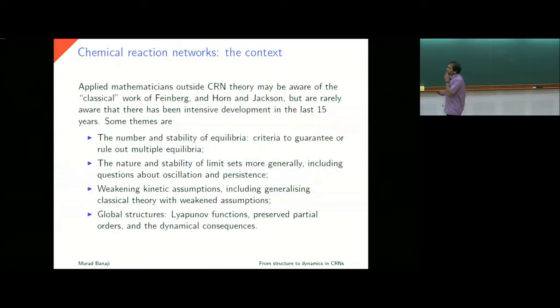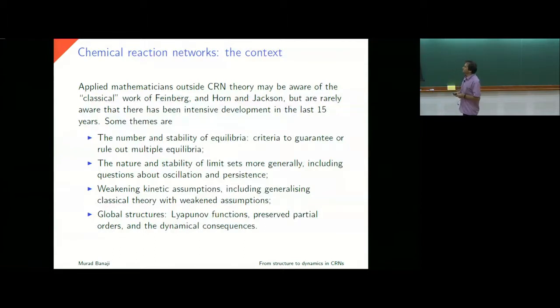So what are the kind of things people have asked about? First of all, just as a matter of history, this field has been around. Different people will differ on how long chemical reaction network theory has been around, but it was certainly around in the 70s. That's something that people can agree on.